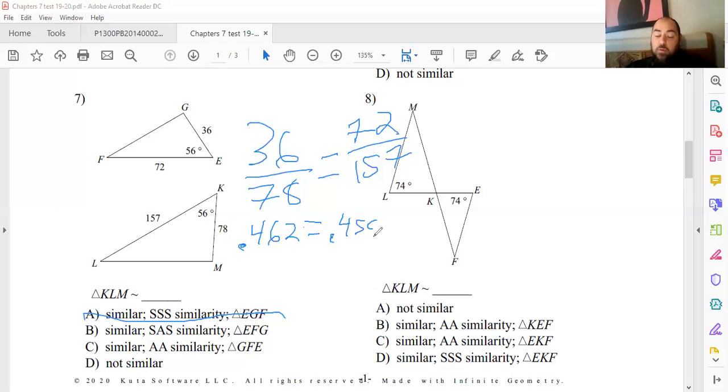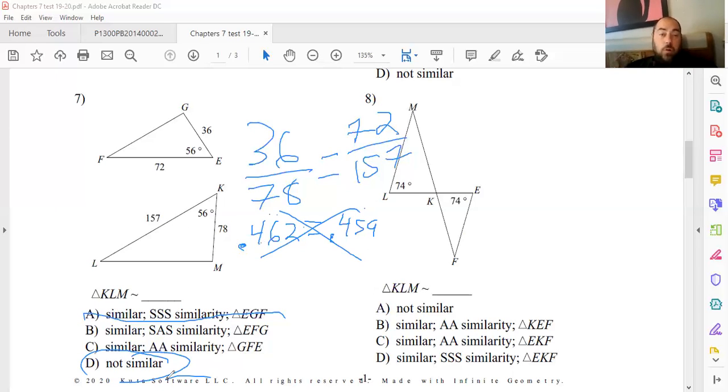Are those two equal to each other? No, they are not. Okay, I'm supposed to be doing this big dramatic X right there, and it's just not letting me. Instead, it just has me put, oh, there we go. Okay. So because those are not equal, even though they share one angle, they're not similar.